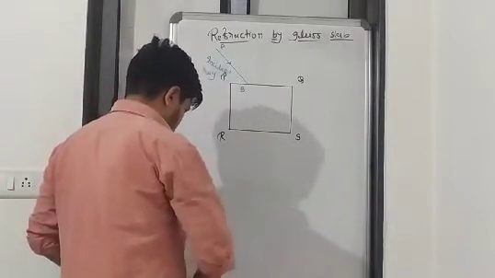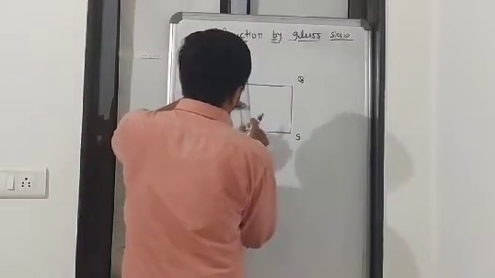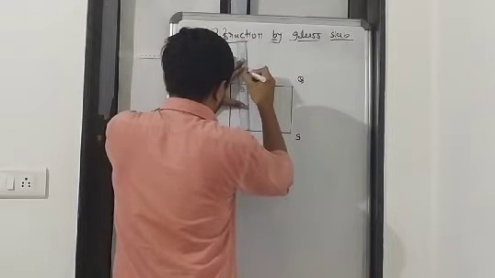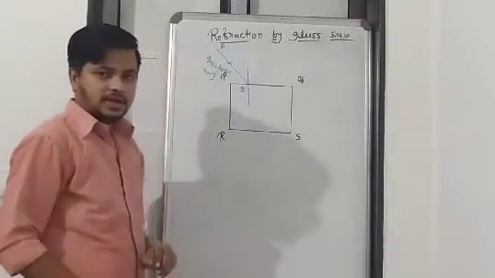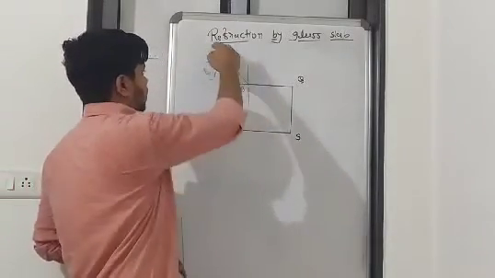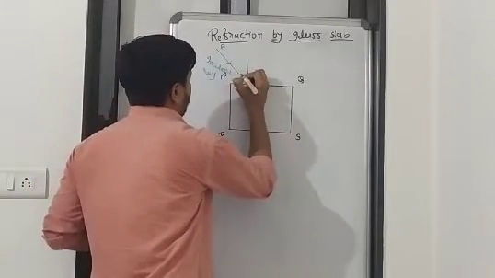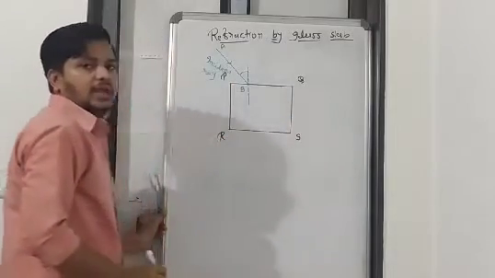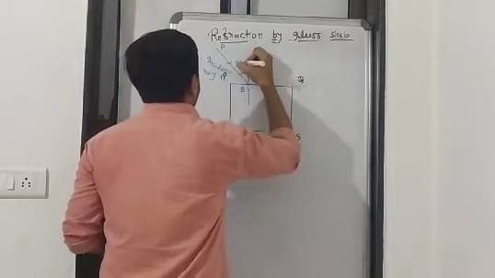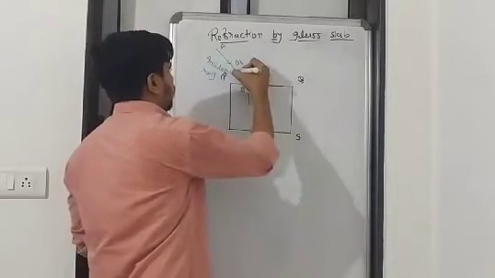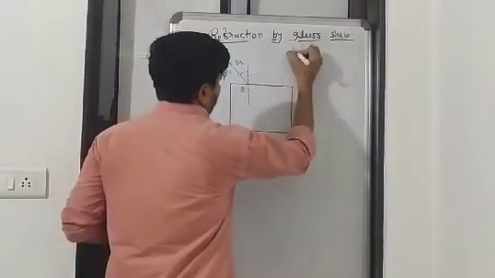So here it is, the normal to PQ at point B, which is the point of incidence. The angle between the incident ray and the normal is known as the angle of incidence. Here I am taking the angle of incidence as theta 1.